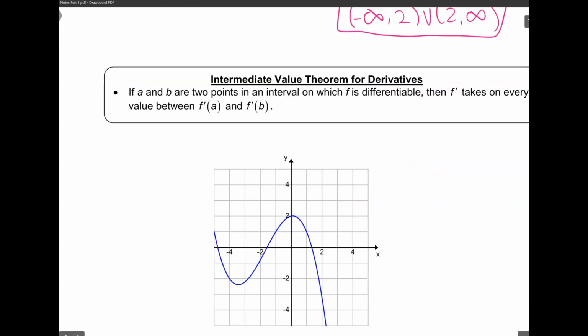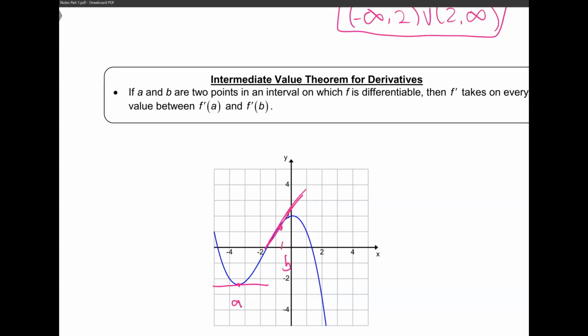Okay, what does this even mean? Let's say this is a, and let's say this is value b. I'm looking at the slopes. A has a slope of 0. B has a slope of, well, half something.